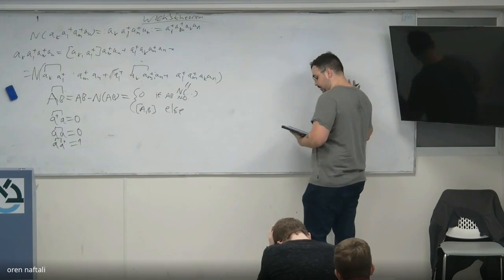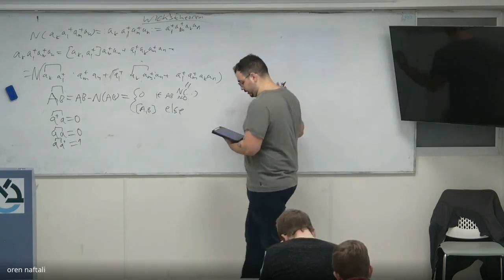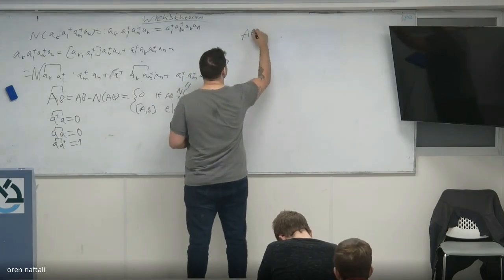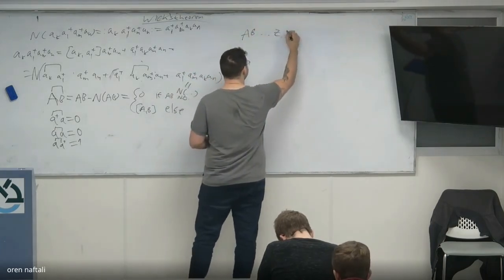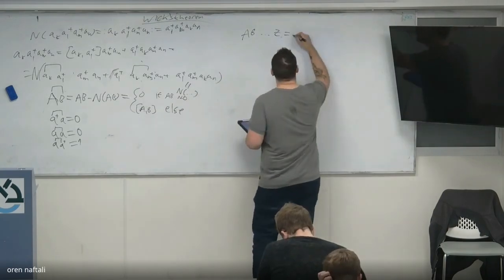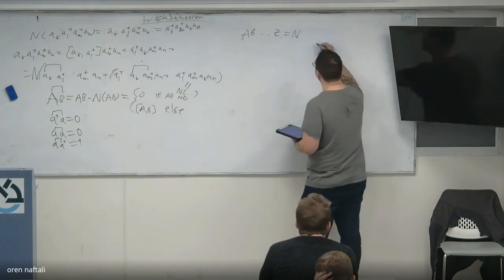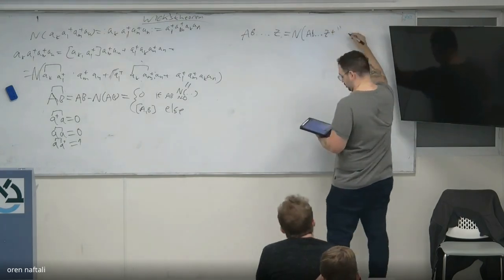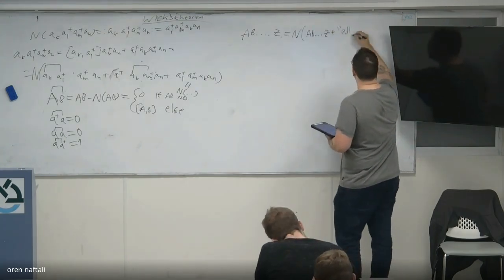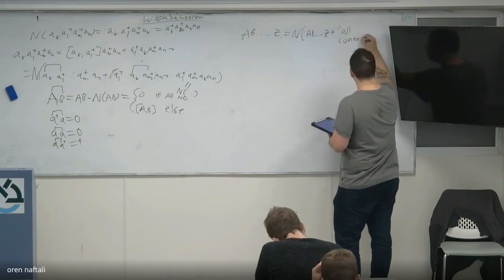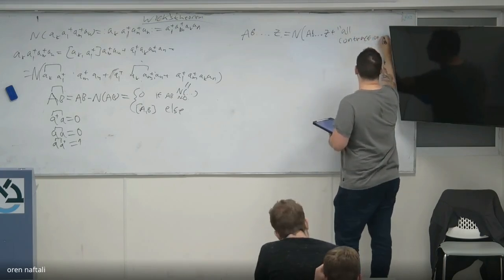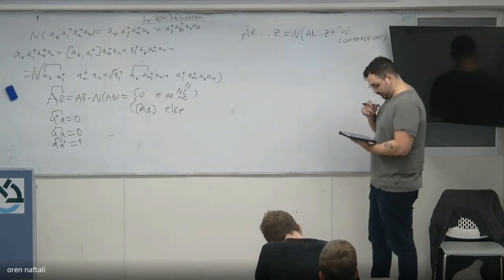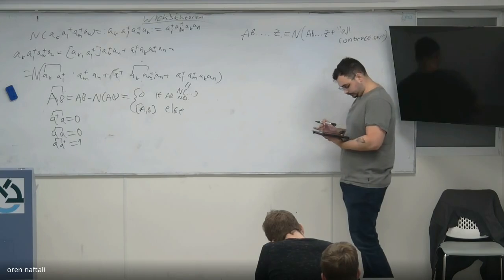So, for the statement of the theorem, we need to define a little something extra. Let's say we have a set of operators A to Z, equal to the normal order of A B to Z plus all contractions.